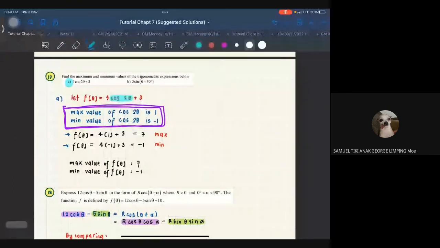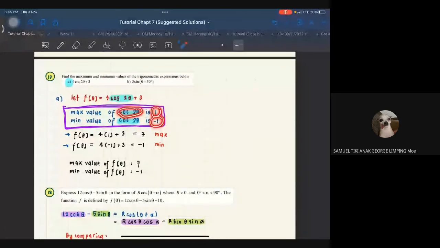Okay, and then tuliskan. Okay, so bila kita dah tahu that value, the maximum and the minimum value, okay, so kita sekarang ni, apa yang kita nak buat adalah, kita nak cari the maximum and minimum value for this whole function. Okay, so kita cuma tahu untuk cos 2 theta sahaja, maximum dia 1, minimum dia negatif 1.